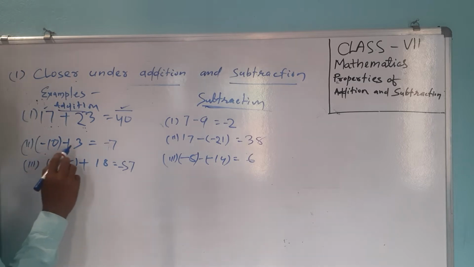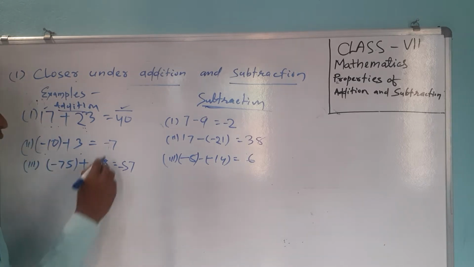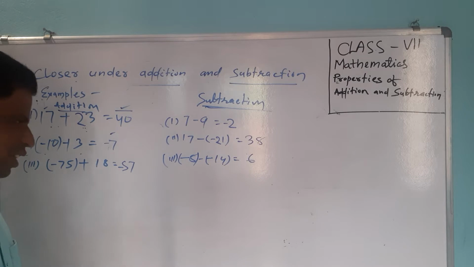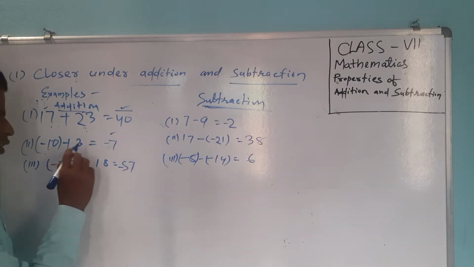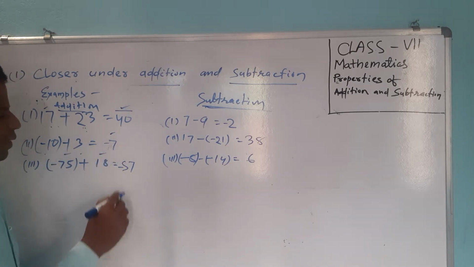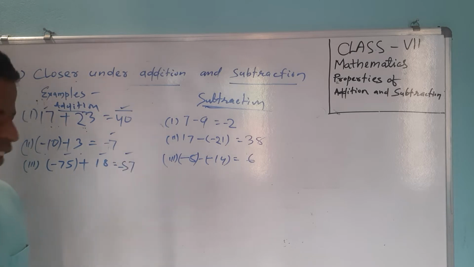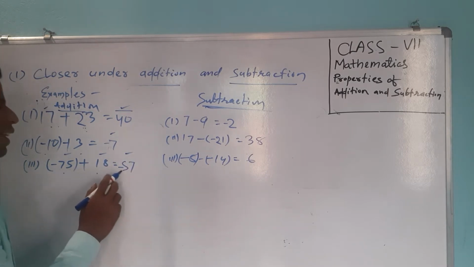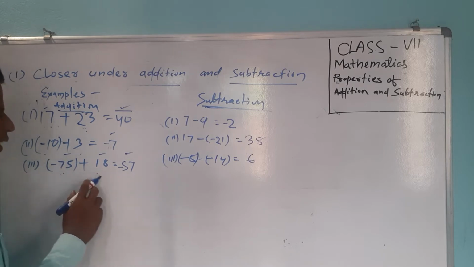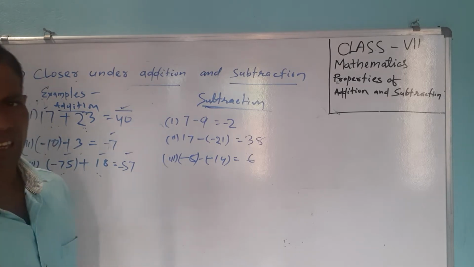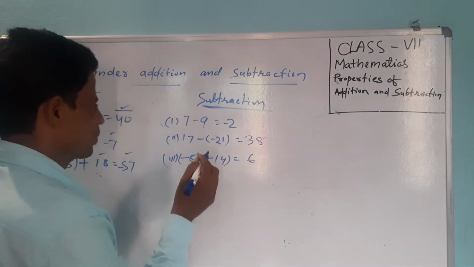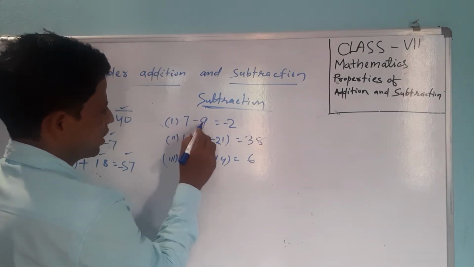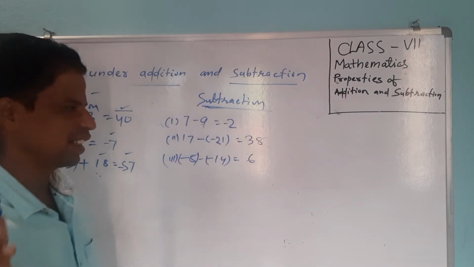Here -10 plus 3 results in -7, all are integers. Here -75 plus 18 is -57, which is also an integer. So two integers give a result that is another integer.